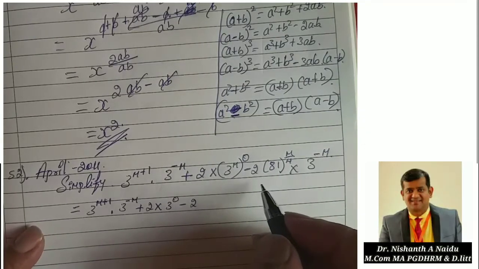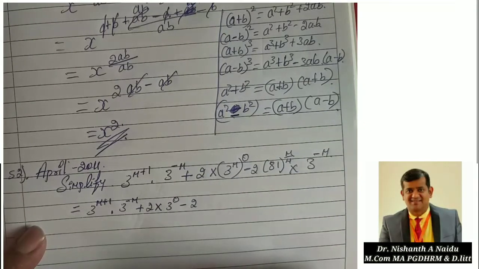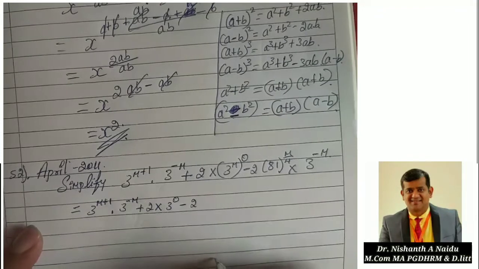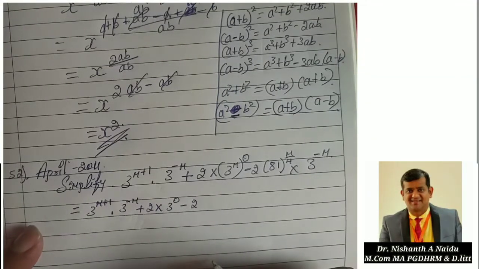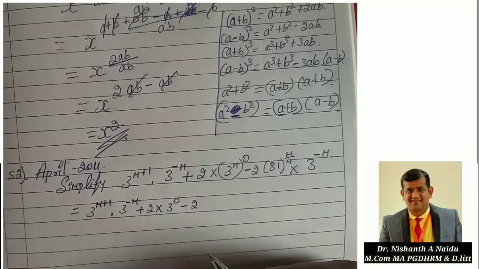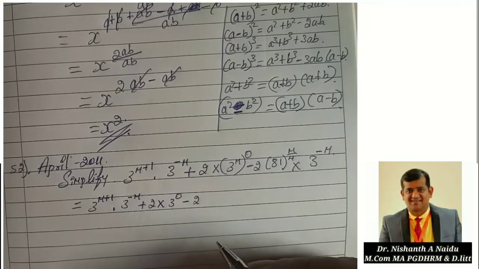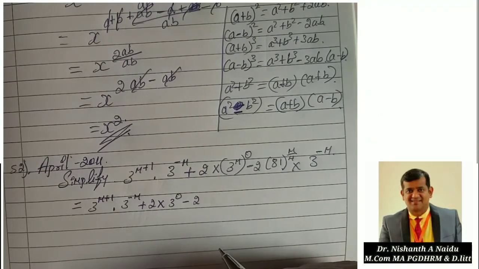So for 81, what is the LCM value? Just check out, 3 to the power of 4, right? Just calculate and confirm: 1, 2, 3, 4.